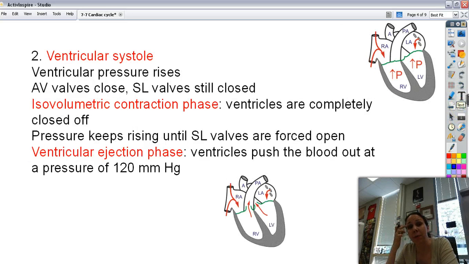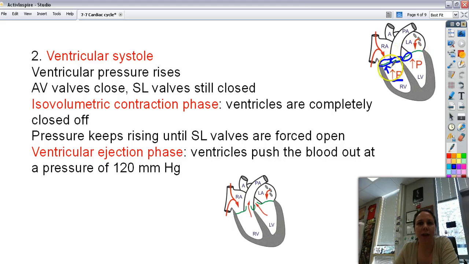Okay, the next step is going to be ventricular systole. Remember, systole means to contract. So what happens here is that blood flowing backwards closes this valve. This valve is already closed as well. So that gives us high pressure here in the ventricles. The AV valves close, which are this one and this one.